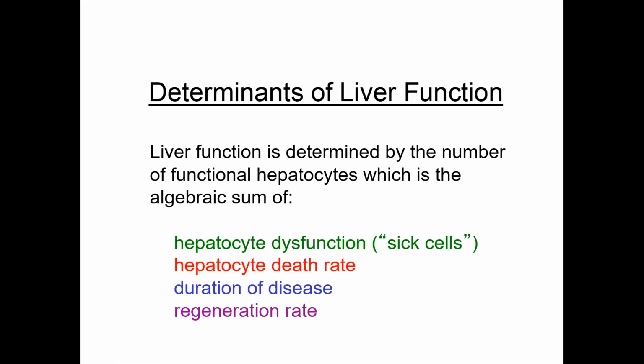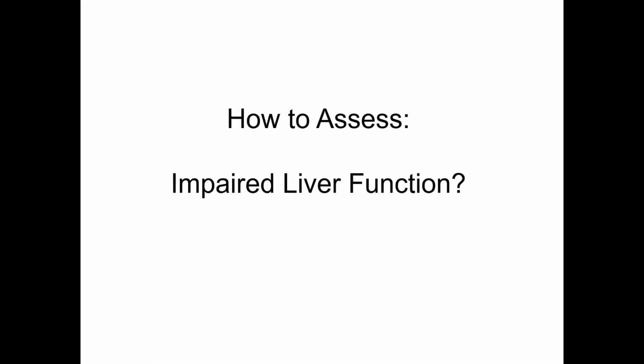Remember that your liver has a rather unique characteristic of being able to regenerate itself. It's an organ that can regrow after injury, because there are reserve cells within the spaces of the liver that can regenerate injured hepatocytes.